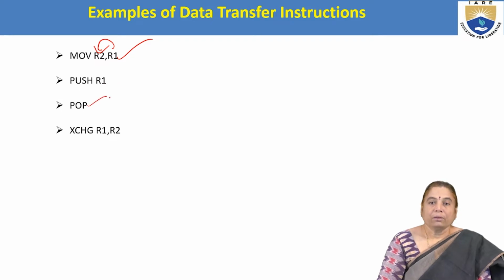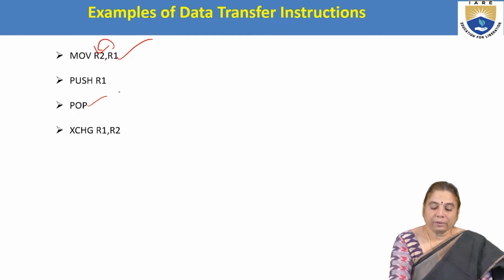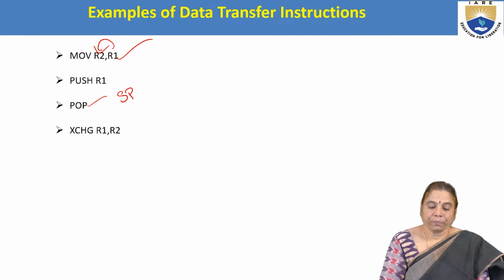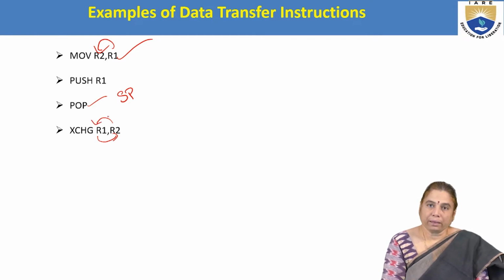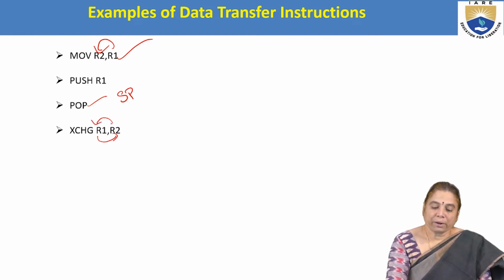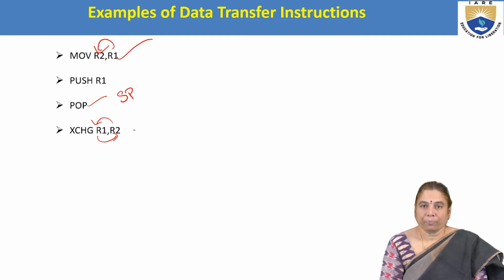POP: the content pointed to by the stack pointer SP can be retrieved. Exchange: the swapping of values between the content of two registers R1 and R2 takes place. The R2 value is transferred to R1, and the R1 value is transferred to R2. In this way, the data transfer instructions can be used in the assembly language program.